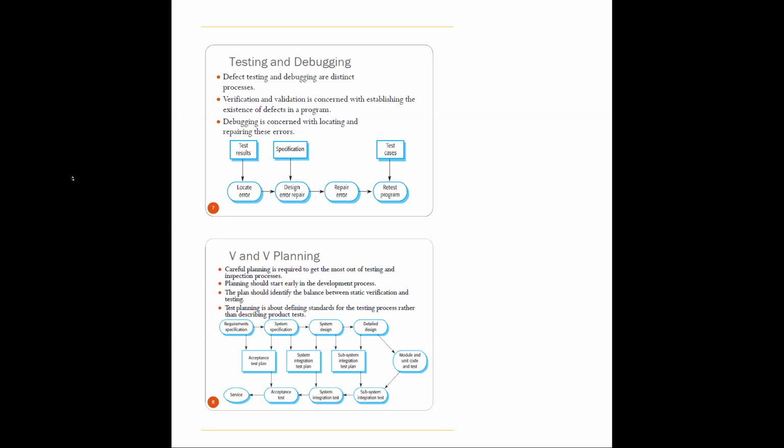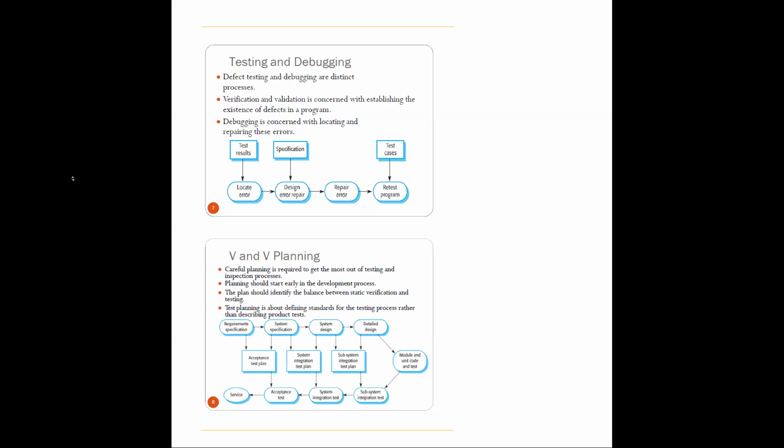So now we'll come back to those 3 features, which include the V&V planning, also the software inspection, and also the automatic static analysis. Usually for the V&V, what you want to do is ensure that you plan from the beginning of your development process.